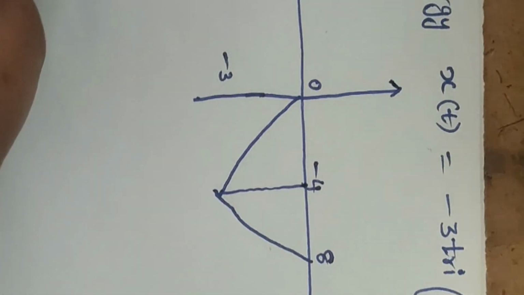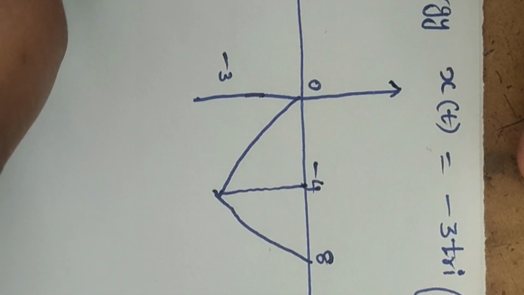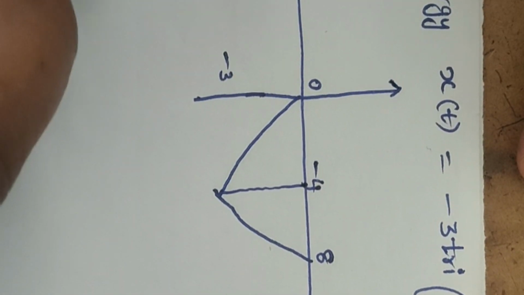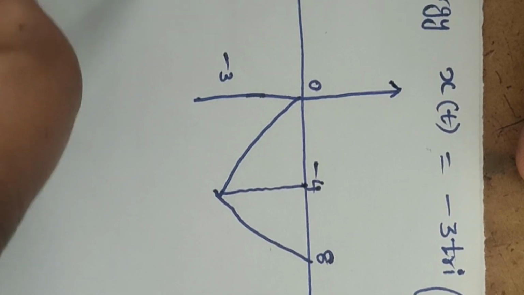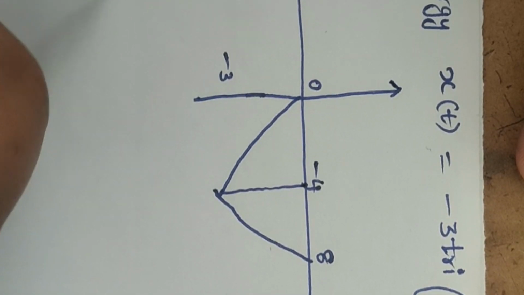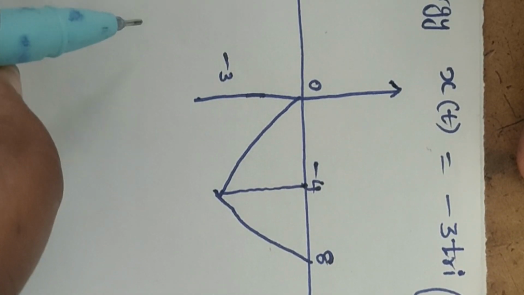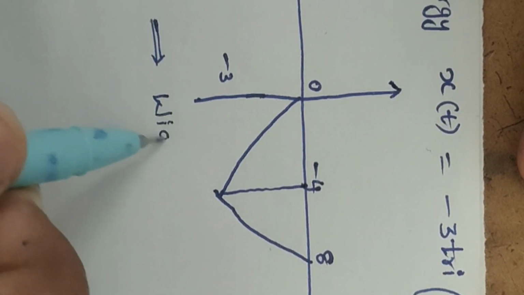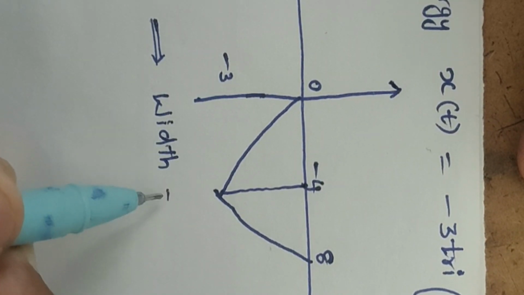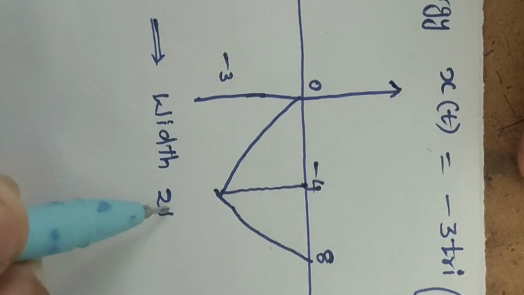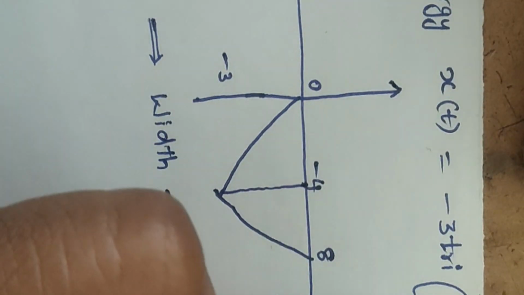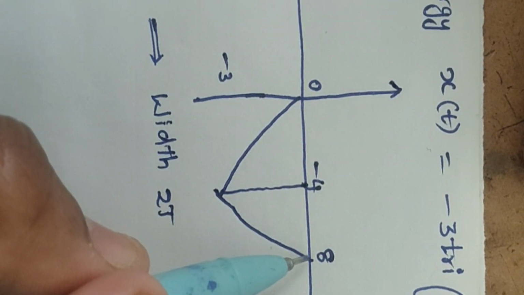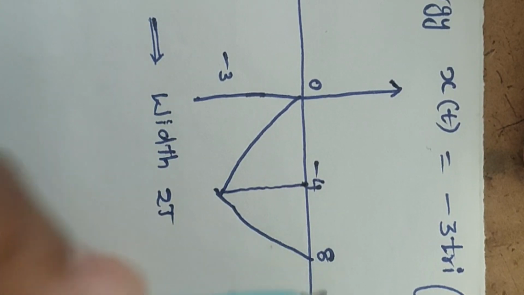See here, anytime there is triangle t by T, you can say this width will be 2 times the time period. Here the width is 4, so we can write it as 2 times 4, it is 8.